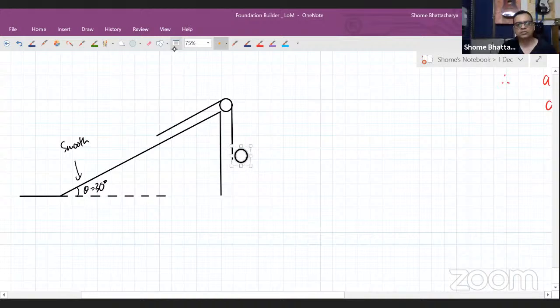Second pulley like this now. So again a fixed ceiling.